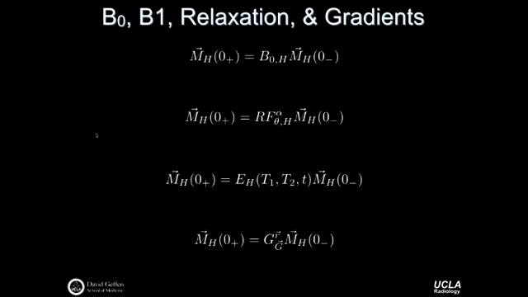So what we ultimately have in this framework is 4 different matrix expressions for how the B0 field, the RF field, the relaxation effects, and the gradient fields can act on our bulk magnetization to produce a new state of the magnetization. And the idea in your homework is just that we can code these operators up pretty easily. They're just 4x4 arrays.